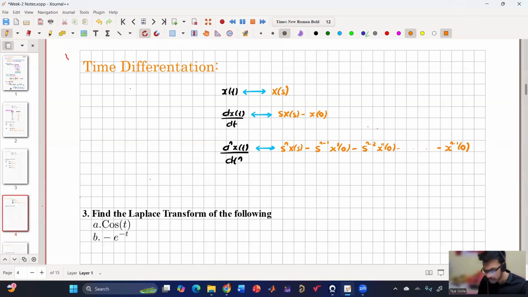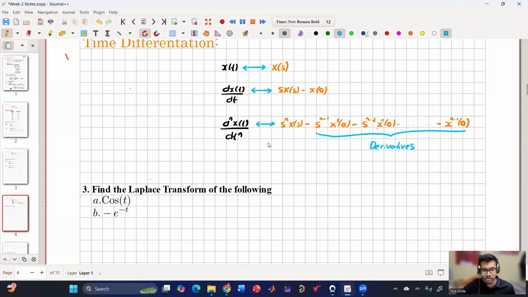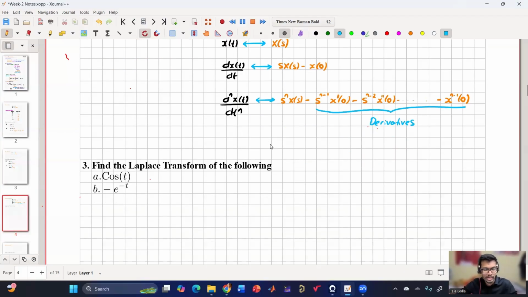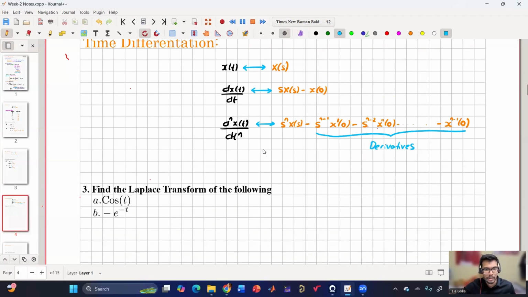Here x dash, x double dash, up to x to the power n minus 1 are derivative terms. This is also a very standard property in Laplace transform.